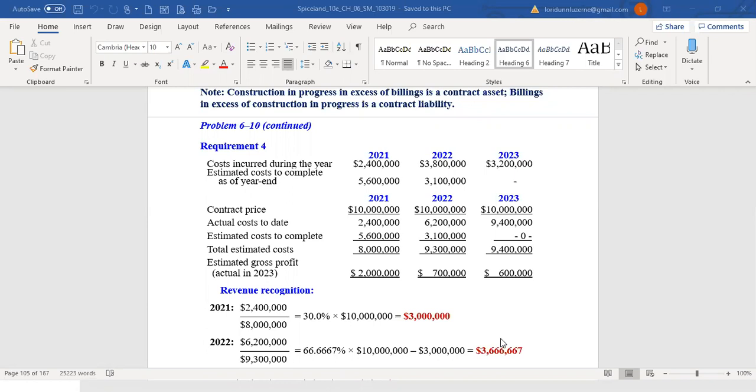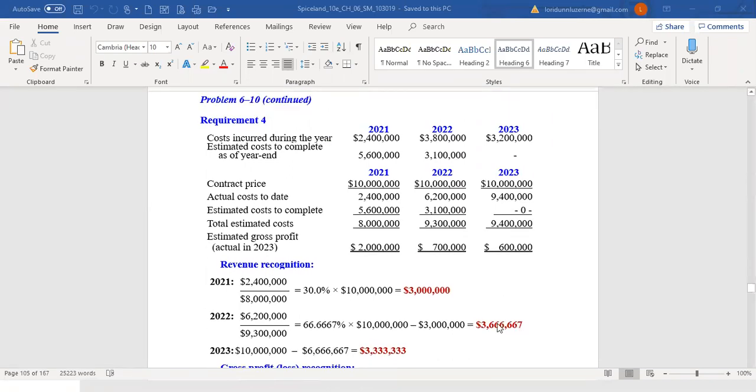So multiply that by the 10 million. So by the end of year two, this company should recognize $6,666,667 of revenue. They've already recognized 3 million of it last year, so they'll recognize the difference this year.